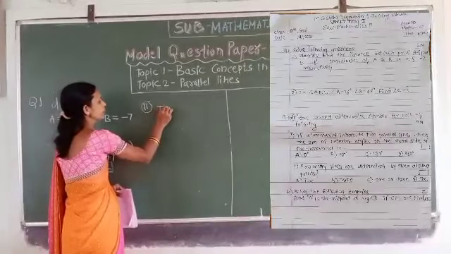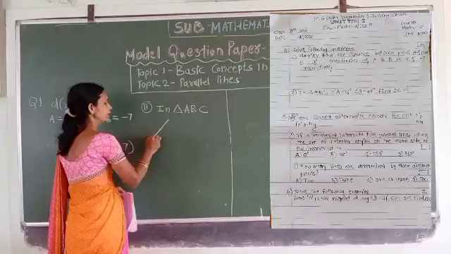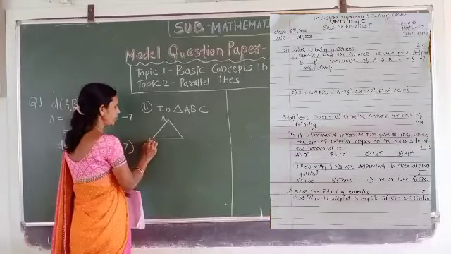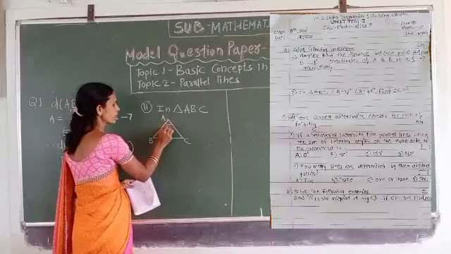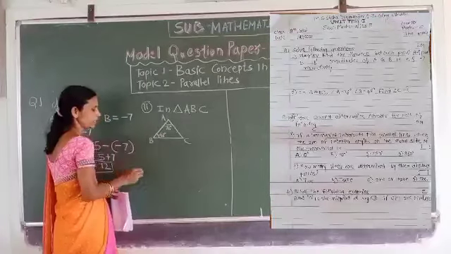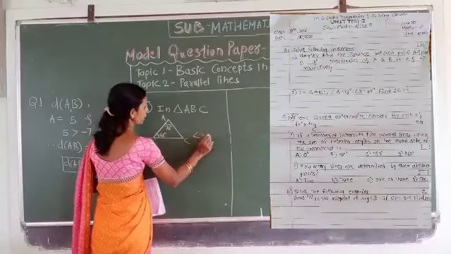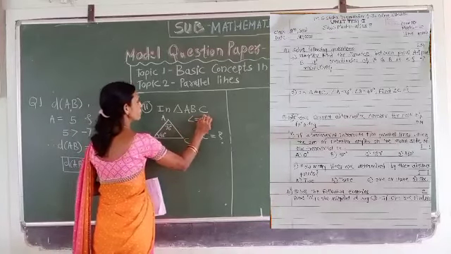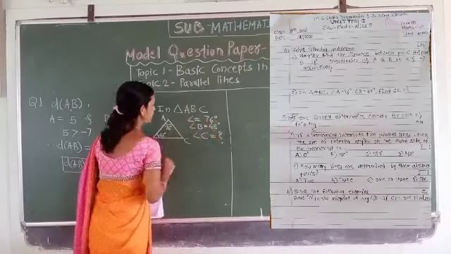In triangle ABC, we have to draw a rough diagram of triangle ABC, in which angle A is given as 76 degrees and angle B is given as 48 degrees. Then we have to find angle C.